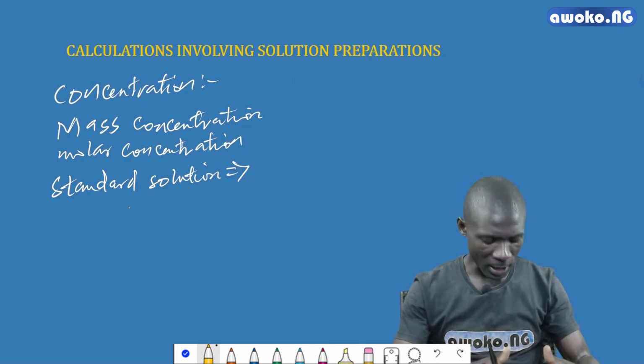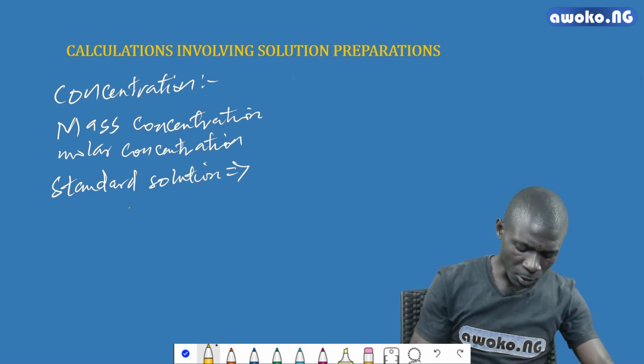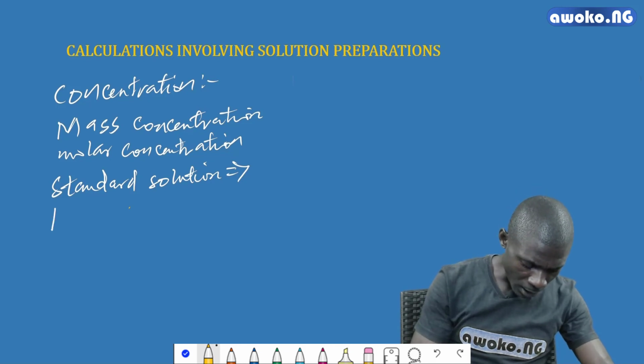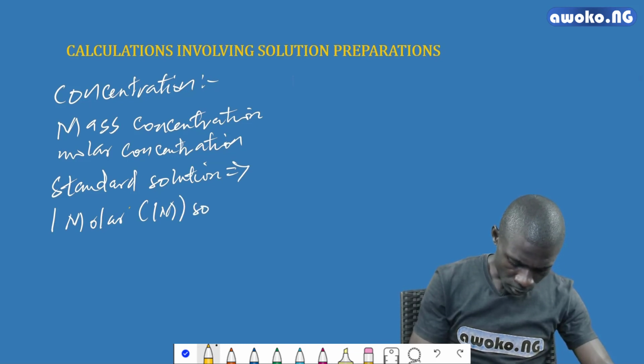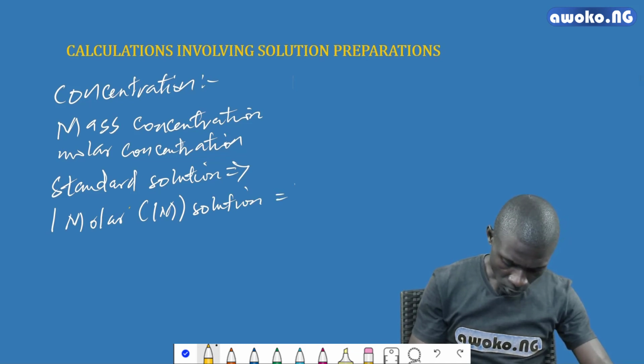or molarity. Okay, now when we say molarity, we have 1 molar, that is a 1 molar solution, which is equal to a solution of 1 mole per dm cube.